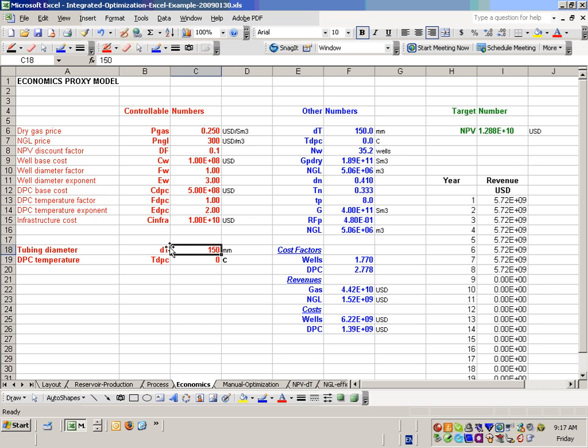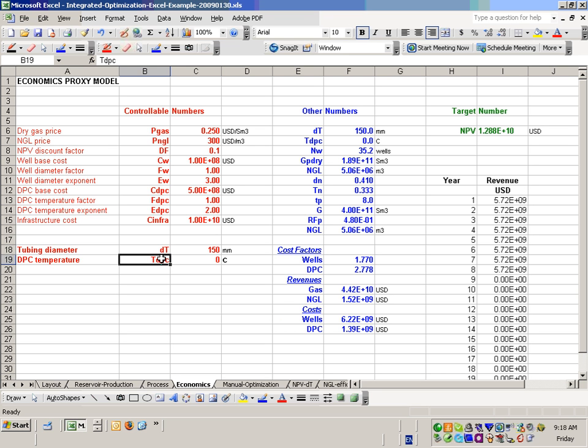Right? Mainly it's affecting the cost. Because we're getting the same amount of gas, the same amount of revenue, no matter what. It's just taking more wells. So the tubing diameter is a pure cost-based variable. In this case, it's not affecting how much gas we get out, the recovery, or anything else.